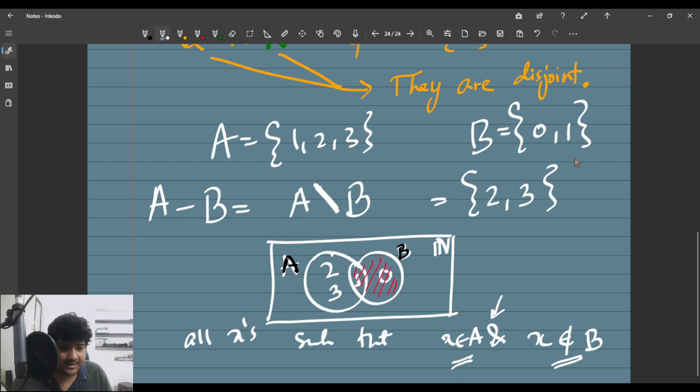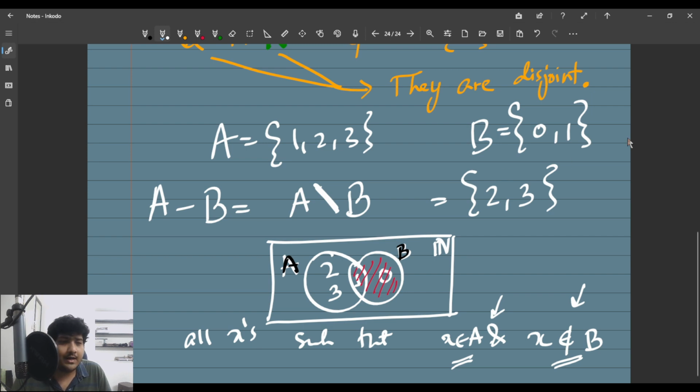One belongs to B as well. So this statement is false, and hence we don't take 1 into our difference set. 0 is anyway not in A, so we don't talk about that. 2 and 3 satisfy these criteria, and hence the only elements contained in A difference B would be 2 and 3. We'll have one more example of difference in the later part of the same lecture.